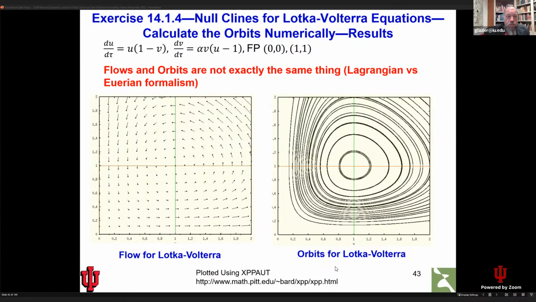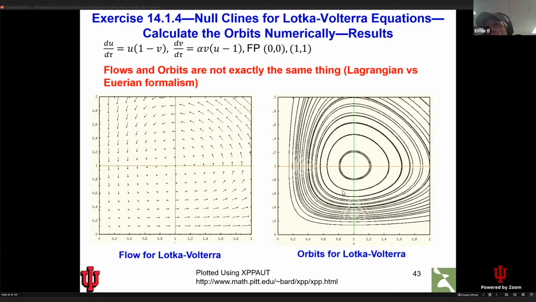Lotka-Volterra is a little bit of a strange equation because it's linear in U and in V. And so the fixed point at 1, 1 is neutrally stable. It's not stable or unstable. So you have oscillation that never ends.